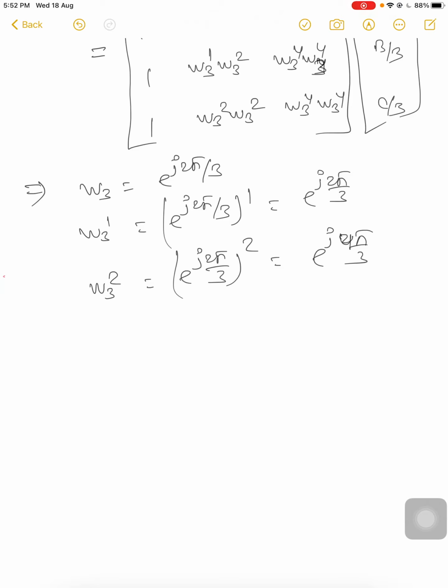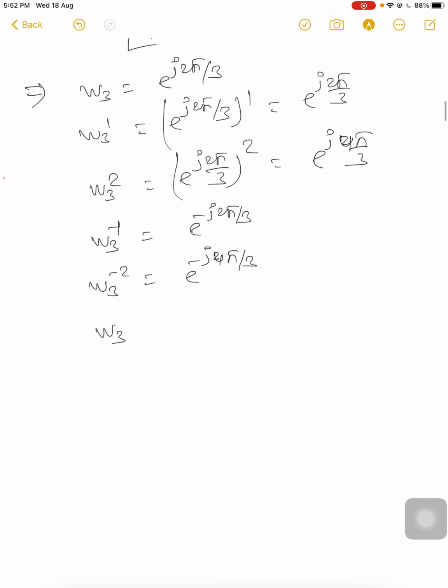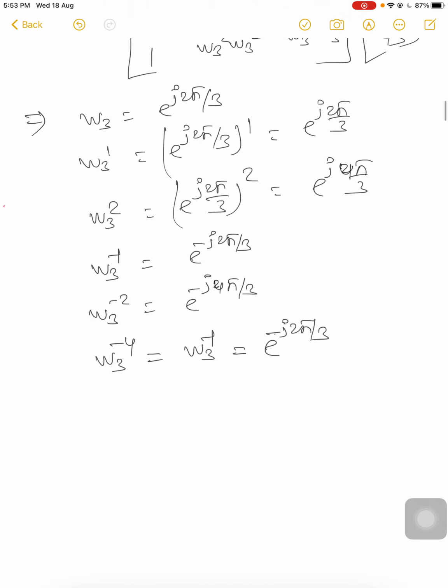W3^-1 is e to the power minus j 2 pi by 3, and W3^-2 is e to the power minus j 4 pi by 3. W3^-4 is equal to W3^-1, which becomes e to the power minus j 2 pi by 3, because when you take the 4, then what will happen?